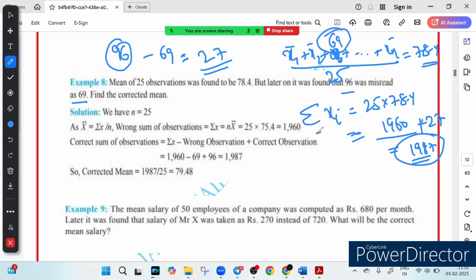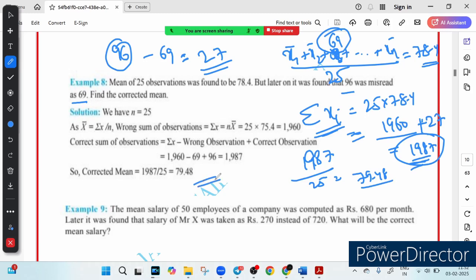The earlier wrong sum was 1960, the correct sum is 1987, because if you put 96 the sum will be higher. So now you know the sum of all the numbers is 1987, and there are 25 numbers. So divide 1987 by 25. This will give you 79.48, which is the correct mean, right?